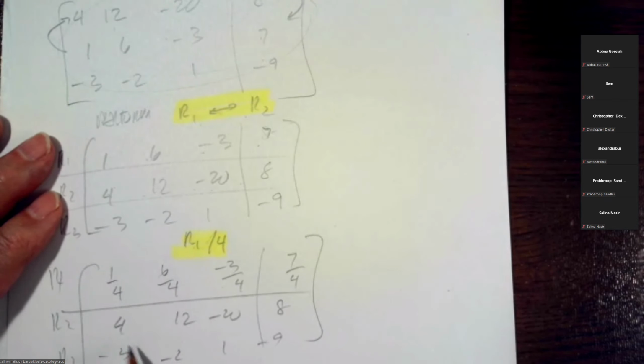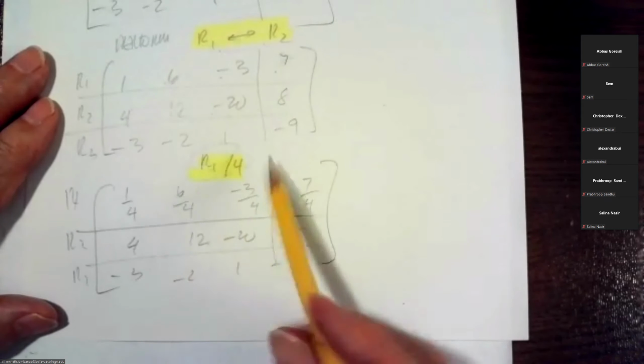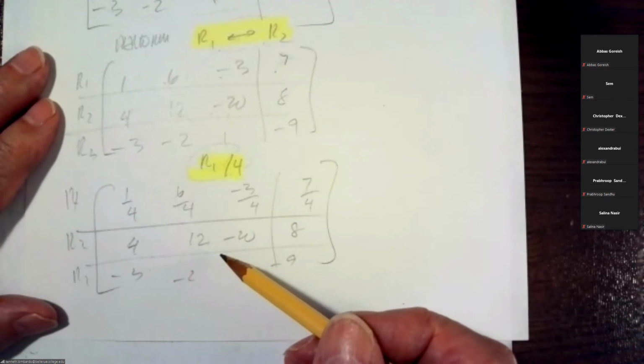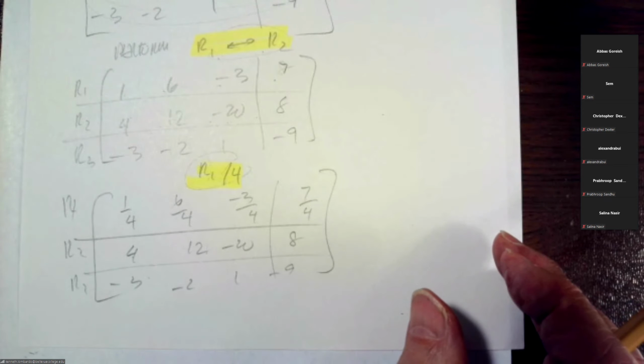So row 1, row 2, row 3 would look like that after the second operation. So if it says do this operation and then do this operation, you'd end up with something that looks like that. Okay, does that make sense to everybody? You just do them in whatever order they're given.